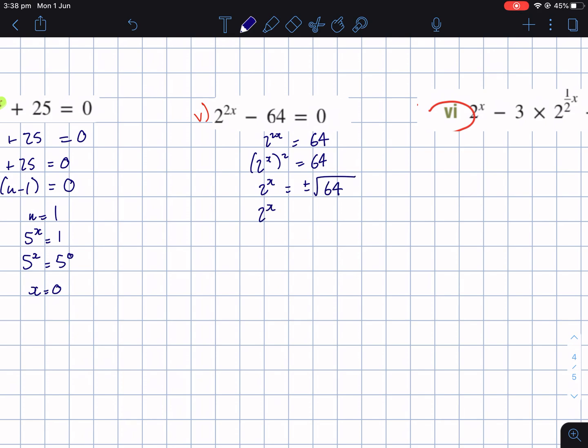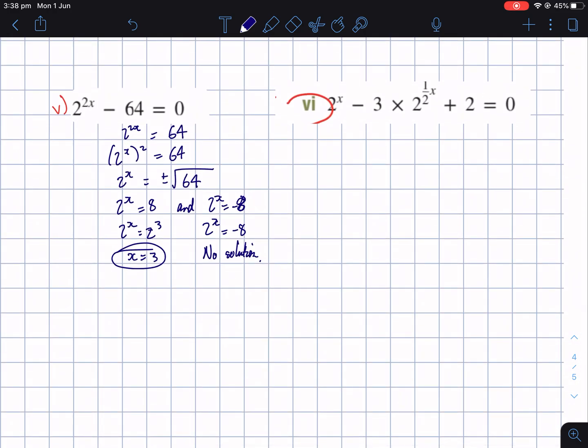So 2 to the x equals positive 8 and 2 to the x equals negative 8, which means 2 to the x equals 2 to the 3, x equals 3. Can 2 to the x equal negative 8? No solution. So we only have one solution for this one, and it's x equals 3.